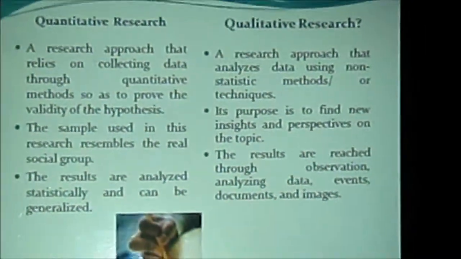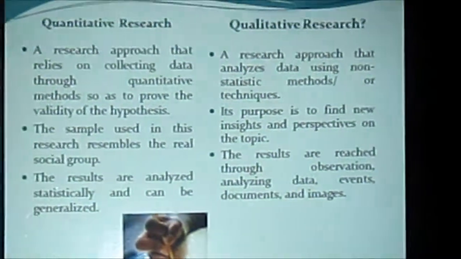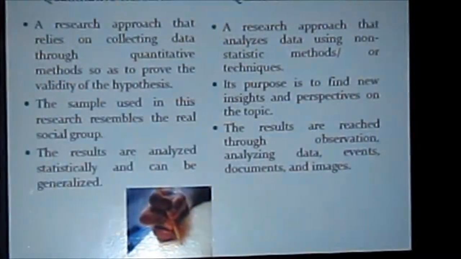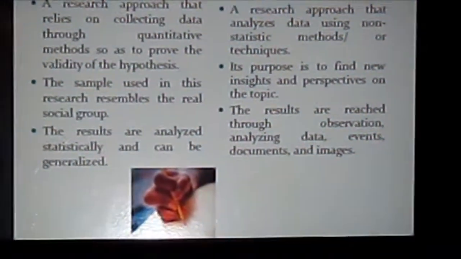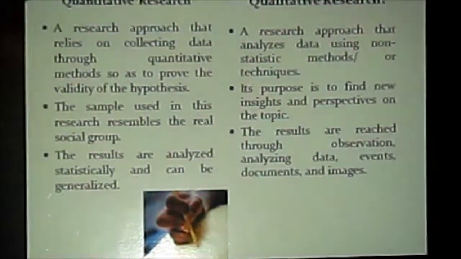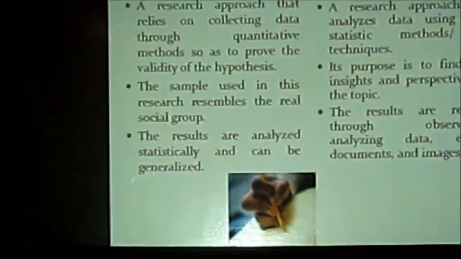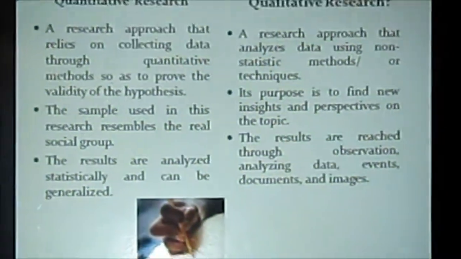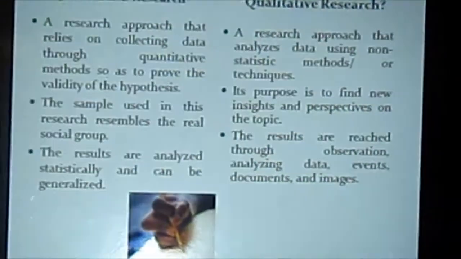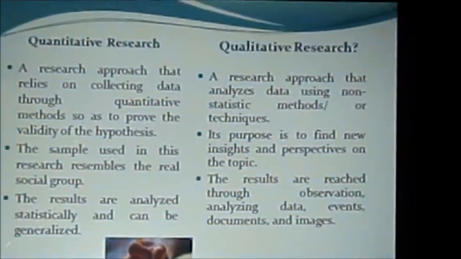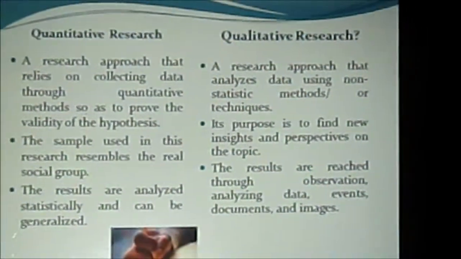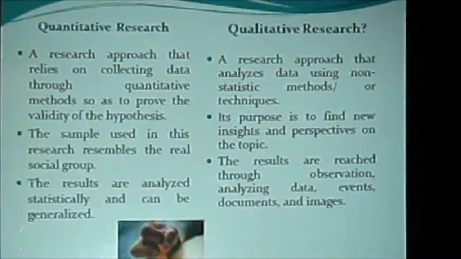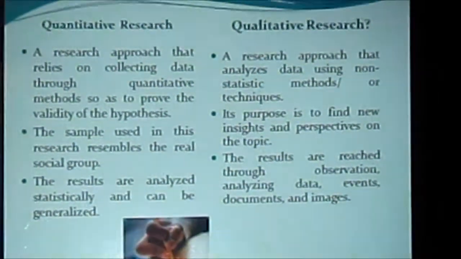The results are analyzed statistically and can be generalized. So we collect numbers from our large sample size and analyze these numerical data statistically, and the results can be generalized. On the other hand, qualitative research analyzes data using non-statistical methods or techniques, because the purpose is to find out new insights and perspectives, and reach new understanding of the topic under study.